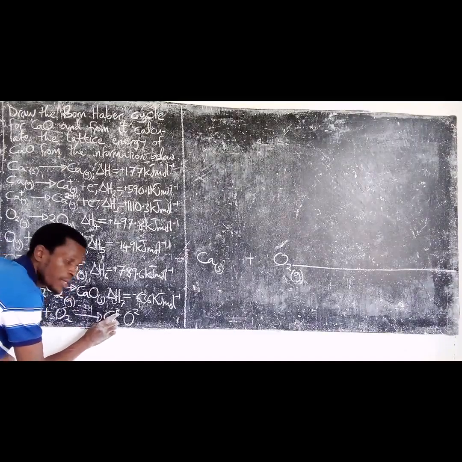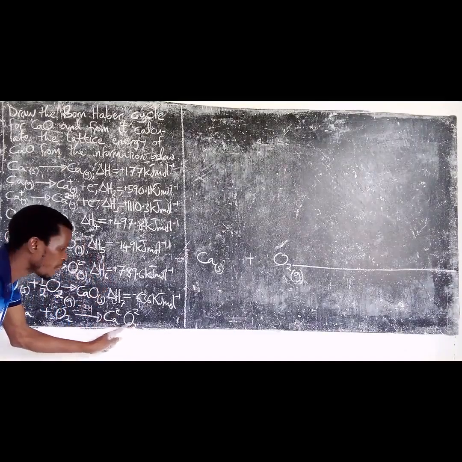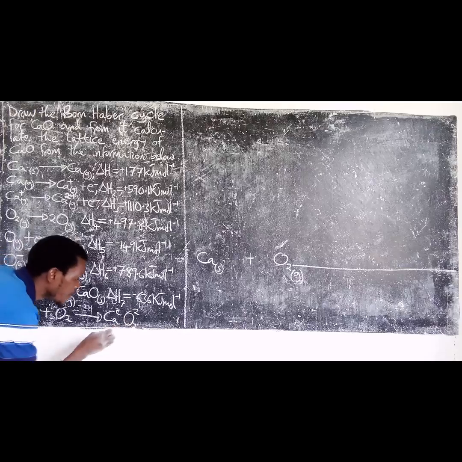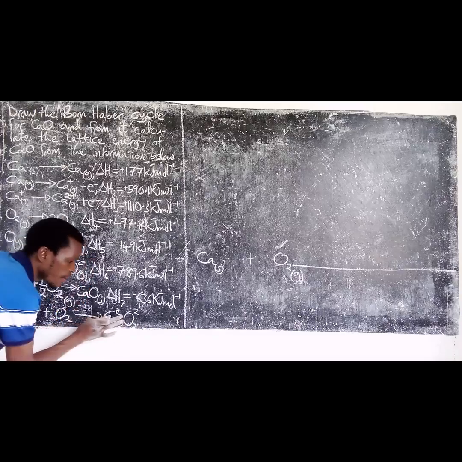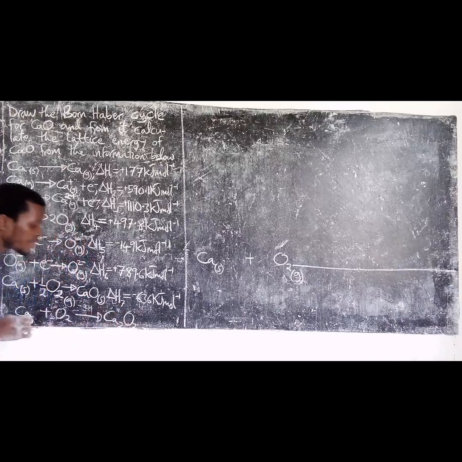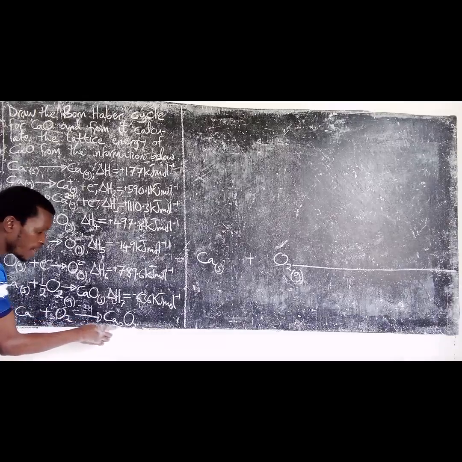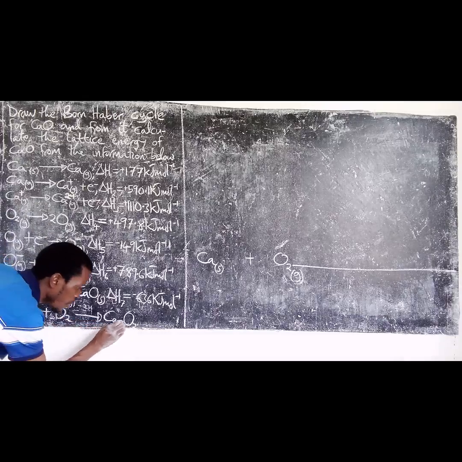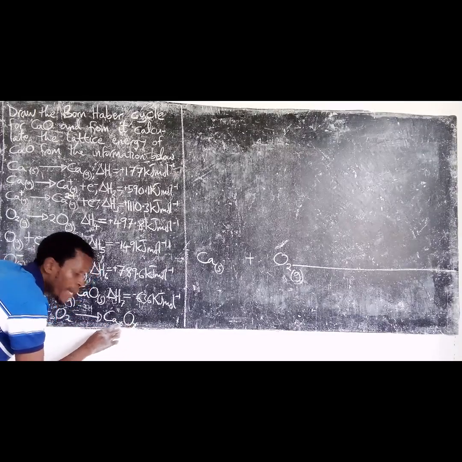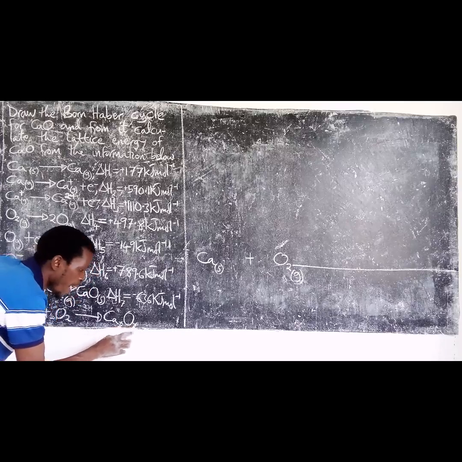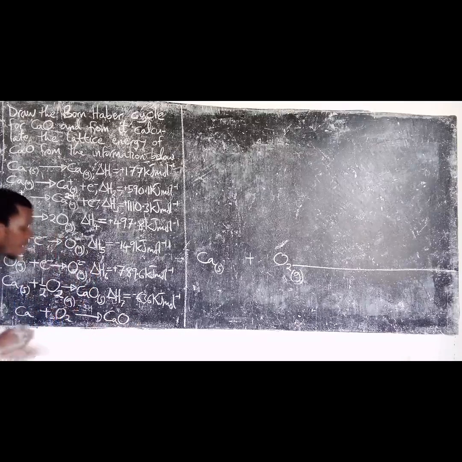The valence of calcium is written as a subscript of oxygen, while the valence of oxygen is written as a subscript of calcium. This is the product form, but you have to simplify the ratio, 2 by 2 becomes 1 by 1. So the product formed is calcium oxide.